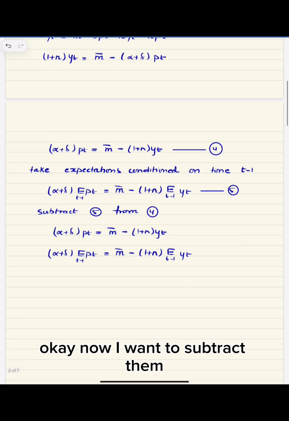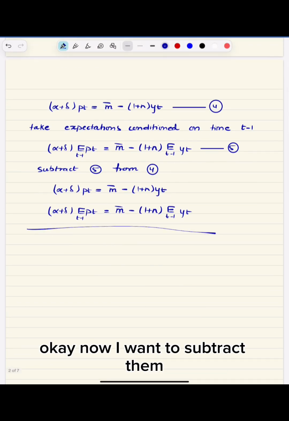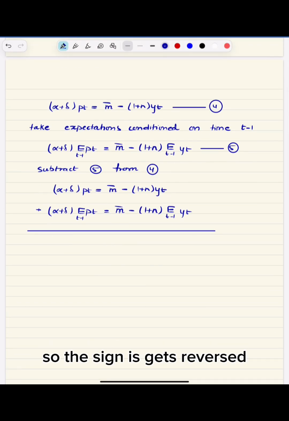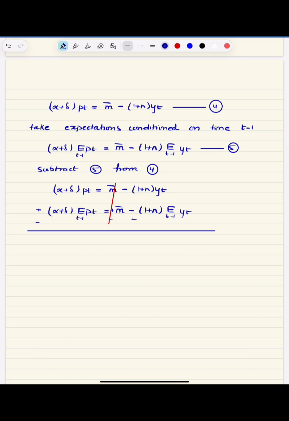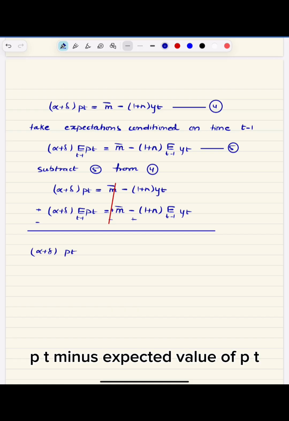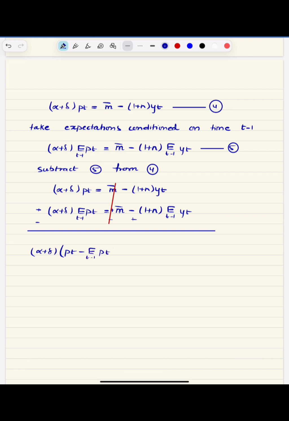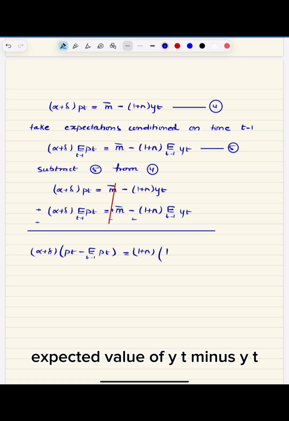Okay, and I want to subtract them, so the sign gets reversed, the plus becomes a minus. This cancels out, so monetary policy goes away. We have alpha plus delta pt minus expected value of pt, and then we have 1 plus n expected value of yt minus yt.